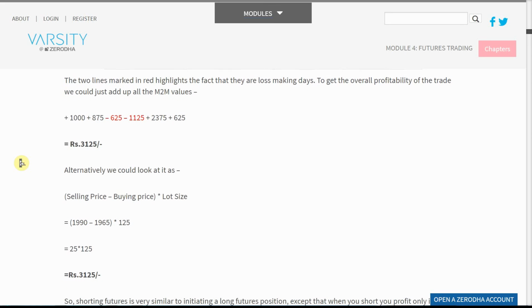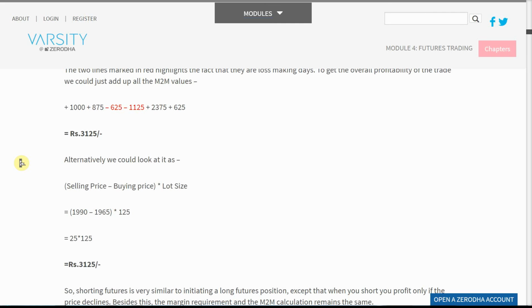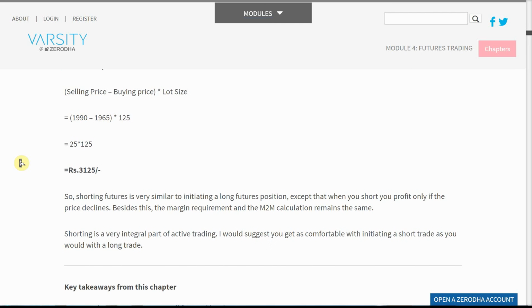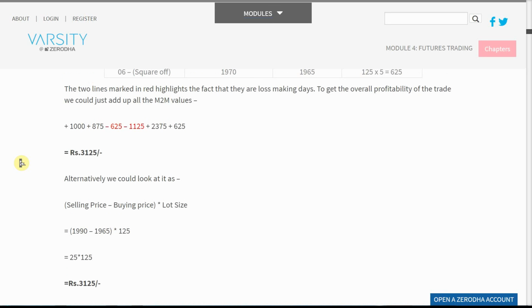The two lines marked in red highlight the fact that they are loss-making days. To get the overall profitability of the trade, we could just add up all the M2M values. Plus 1000, plus 875, minus 625, minus 1125, plus 2375, plus 625 equals 3125 rupees per lot.